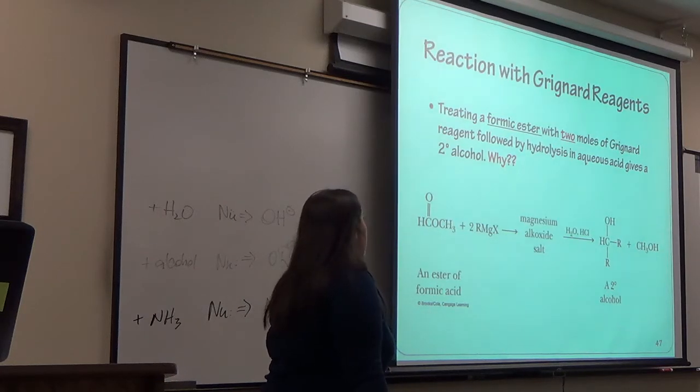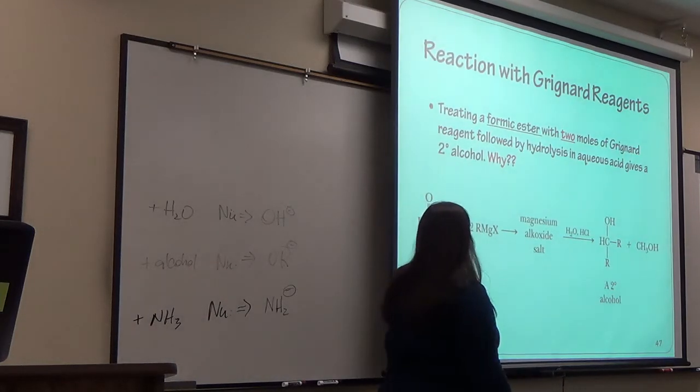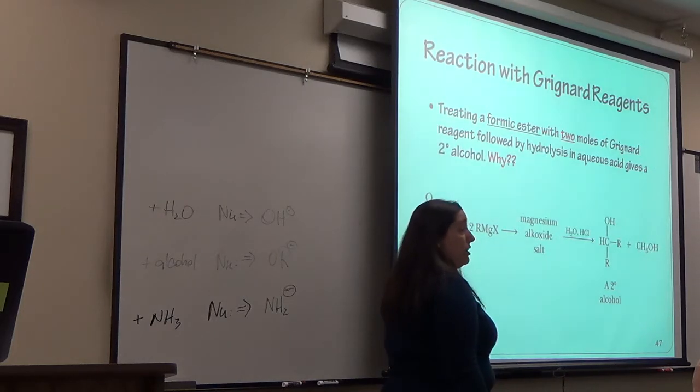Sure would. Right? Because remember, the Grignards also react with aldehydes and ketones. We talked about this in chapter 16. It was a main reaction there. Okay, so if I had an additional mole, so once I made my first reaction, I could do a second reaction with my ketone product.